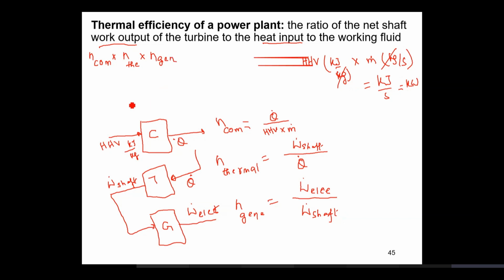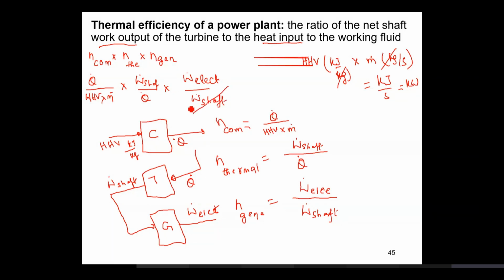If I write down these components, this is the efficiency of your combustion process multiplied by the efficiency of your turbine, which is shaft work divided by the heat that is being provided to the system, multiplied by the efficiency of the generator, which is electrical work produced divided by the shaft work.